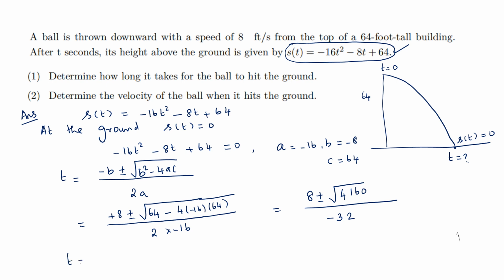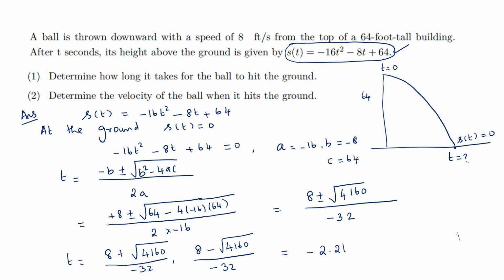So that's why t equal to 8 plus square root of 4160 divided by minus 32, or 8 minus square root of 4160 divided by minus 32, equal to minus 2.265 and 1.765. One is a positive number, the other is a negative number, no need to consider it. So t taken value 1.765.